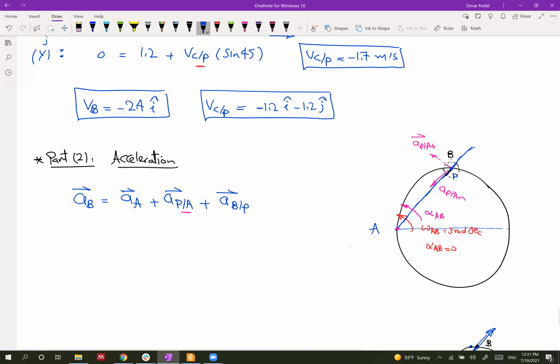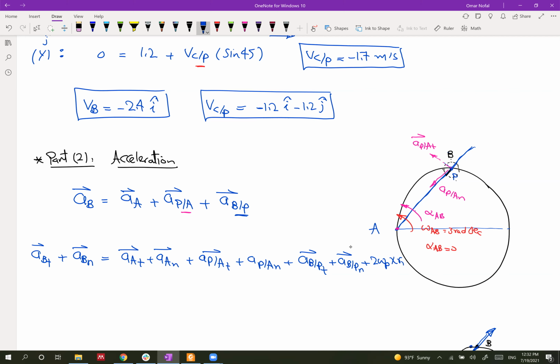Okay, so let's expand this term. We will have AB tangent and AB normal, which will be equal to A tangent plus A normal, AB with respect to A tangent, plus this will be expanded into 3 terms, AB with respect to B tangent, AB with respect to B normal, plus the Coriolis term, which is 2 omega B crossed by R, B with respect to B. Okay, let's see what terms are equal to 0.